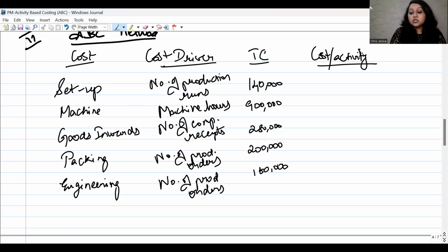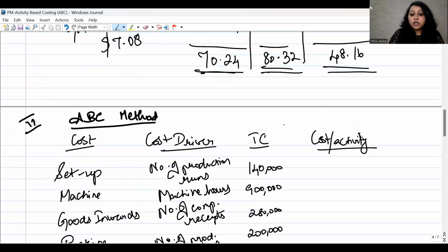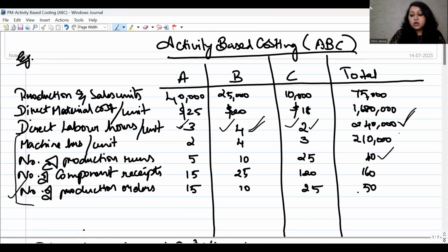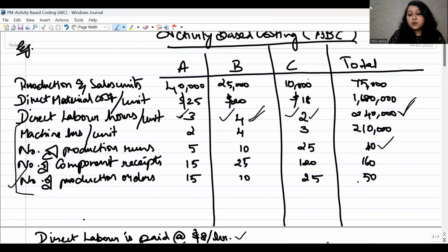Now we will find out the cost per activity. What is your total cost here? It's around 140,000. And what is the total number of production runs you have? You have around 40 production runs: 5 for product A, 10 for product B, and 25 for product C. So from here you can understand product C is going to have more production runs, right?